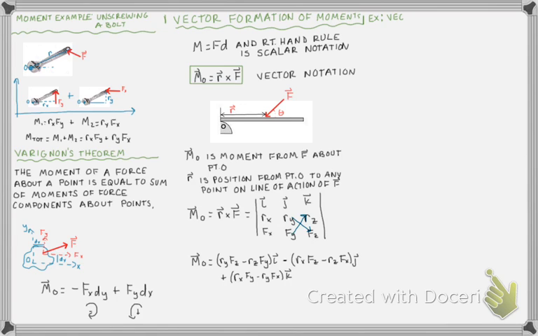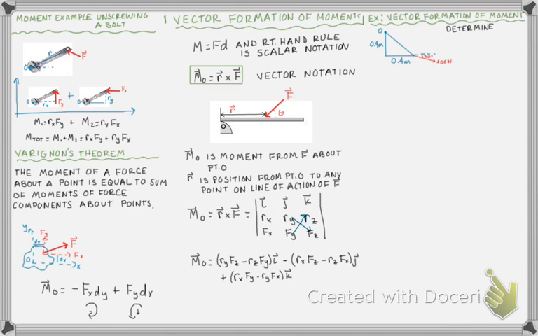So we're going to end quickly with an example where we find the vector formation of the moment. So here is our object, and it is 0.4 meters in the y, 0.4 meters in the x, and at the lower end there's a force of 400 newtons that acts 30 degrees below the horizontal, and point O is up in the top left side.